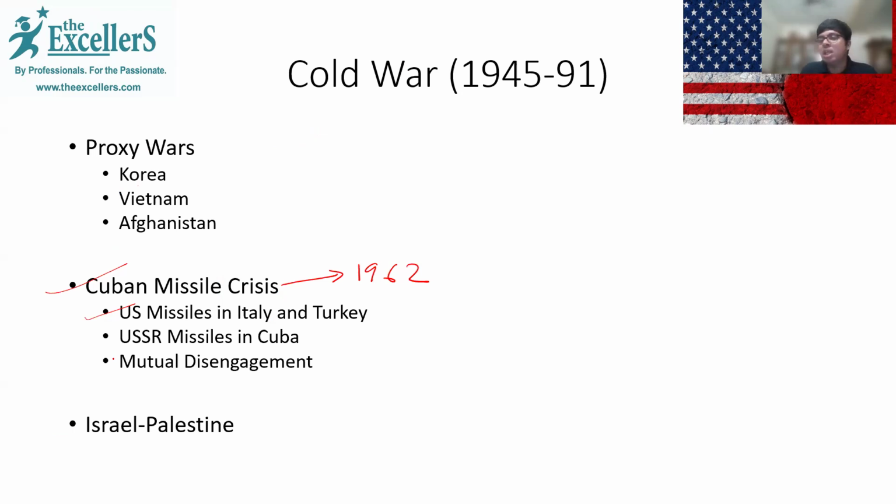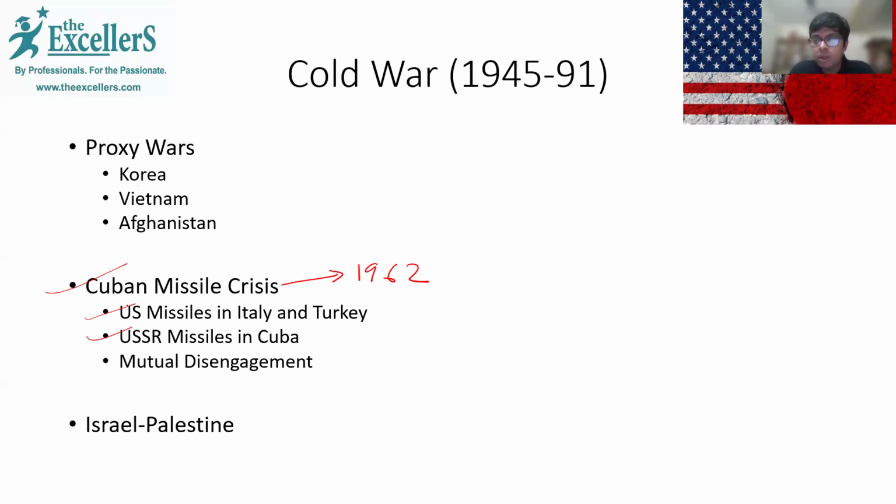By now, when US understood that this was happening, John F. Kennedy was the president at that time. He decided that he'll escalate the situation. He said, USSR, no, you are not supposed to do it. You are not supposed to deploy missiles in our neighborhood. USSR said, then why did you deploy your missiles in our neighborhood?